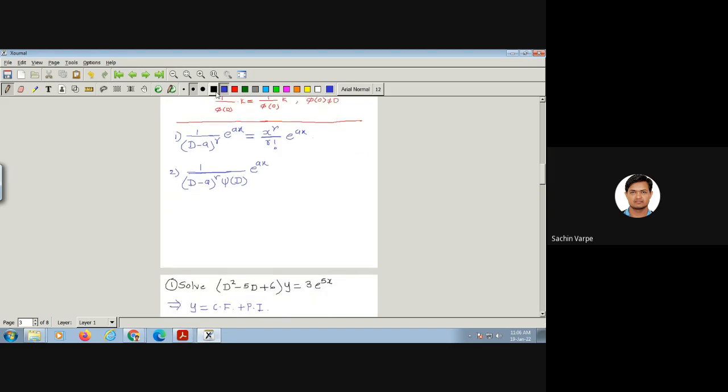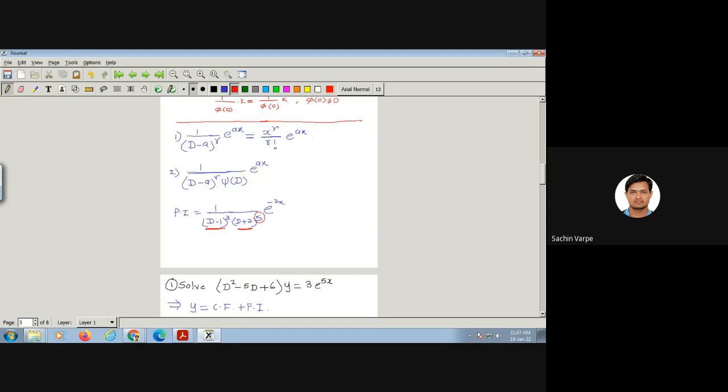Like for example, you can see here, if I have PI equal to 1 upon (D minus 1) cube and (D plus 2) raised to 5, e to the power minus 2x. So can you see this factor will have a problem how many times? That will be a case of failure how many times? 5 times. But we don't have any problem with this factor.